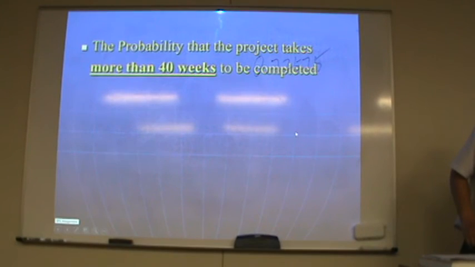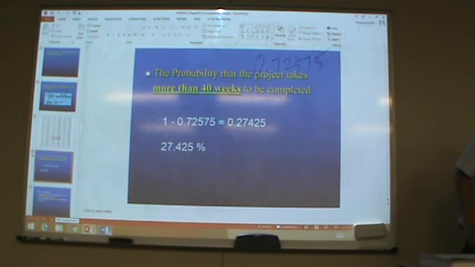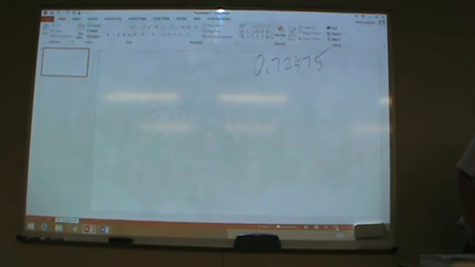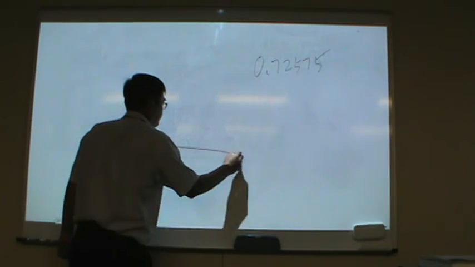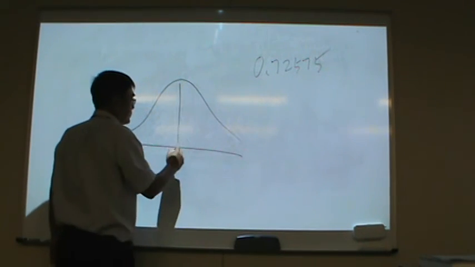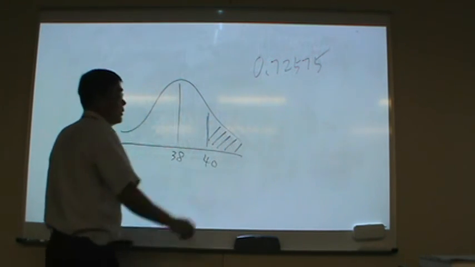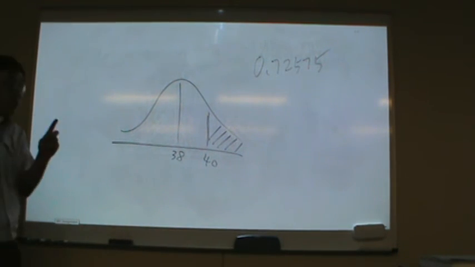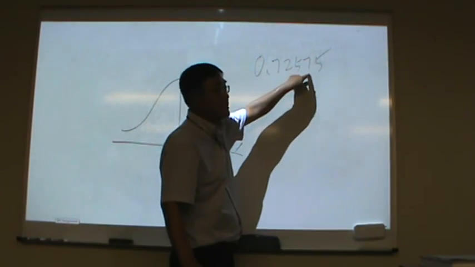So draw again. 38 here and 40, and this area, right? The area associated with the z-score 0.58 is 0.72575.